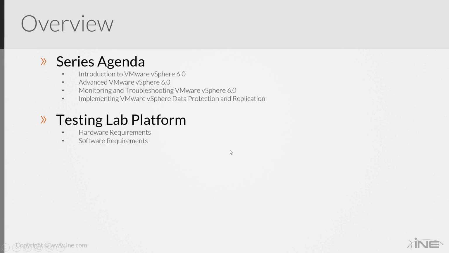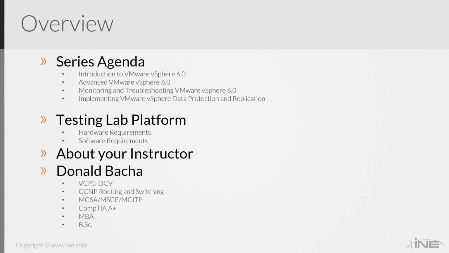So let me just talk a little bit about myself. As I mentioned, my name is Donald Batcher. I've been in the networking field for about 10 years. I've been working with Microsoft and VMware virtualization technology for about 9-10 years too. I have a bachelor's degree in management as well as a master's of business administration.